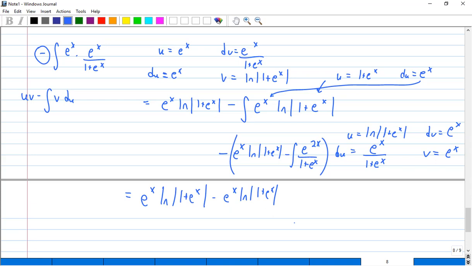And then this is going to be the negative, so this is going to be the positive. So I have a plus integral e to the 2x over 1 plus e to the x. So what is this now? The same thing I started off with. So I could make this into an integral equation.